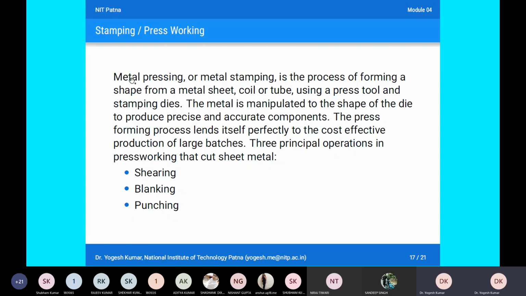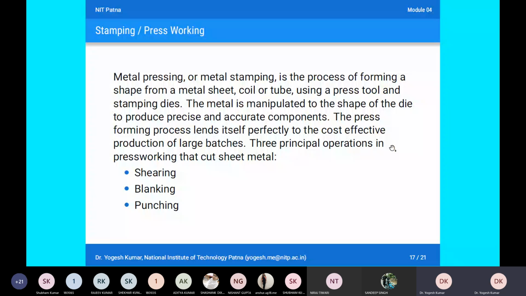Okay, so under metal pressing or metal stamping, it is a process of forming a shape from a metal sheet, coil, or tube using a press tool and stamping dies. The metal is manipulated to the shape of the die to produce a precise and accurate component. The press forming process lends itself perfectly to the cost-effective production of large batches.